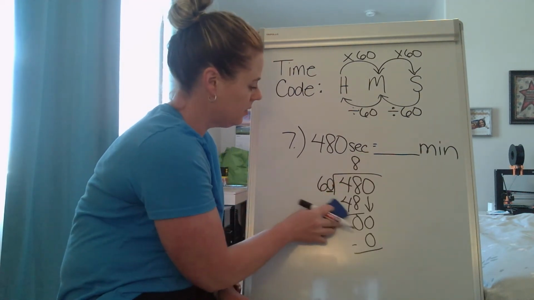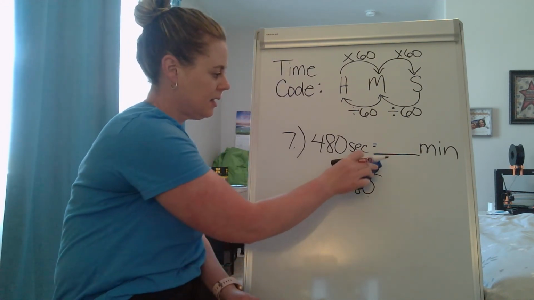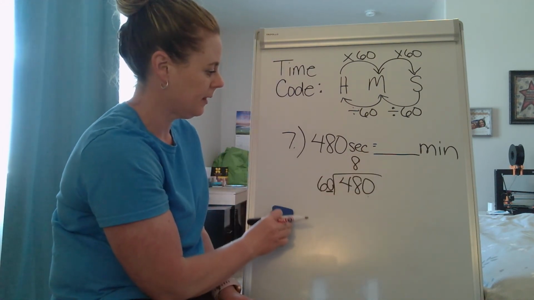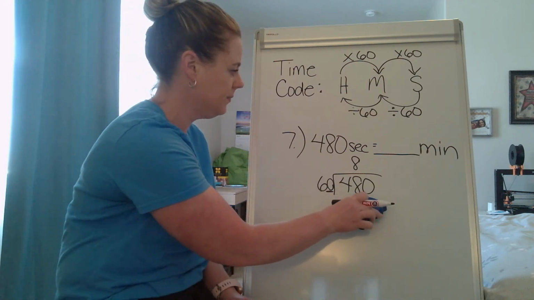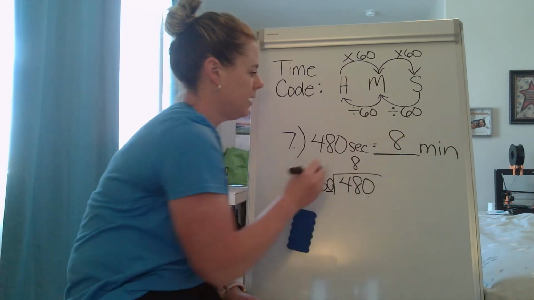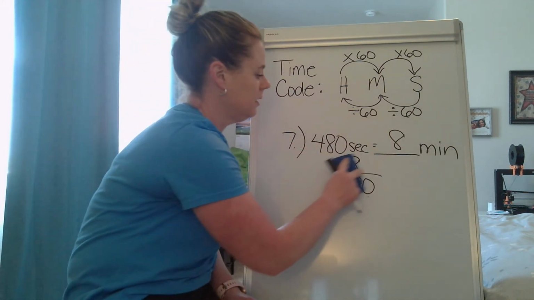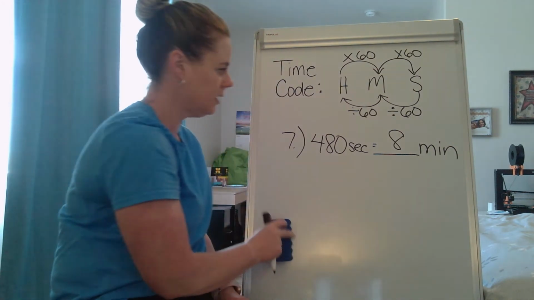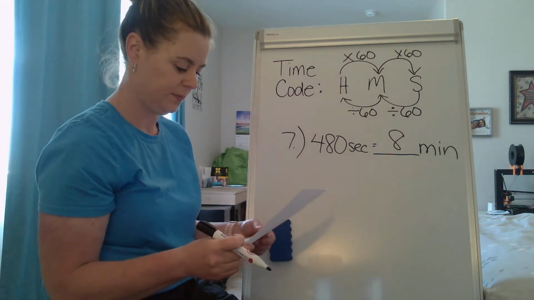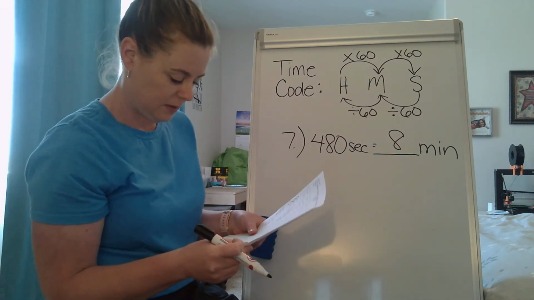And so that's going to give us 60 times 8 is 480. So that means that in 8 minutes, there's 480 seconds. Okay, that I'm sure thoroughly confused you, so let's do another one. Because I confused myself even.